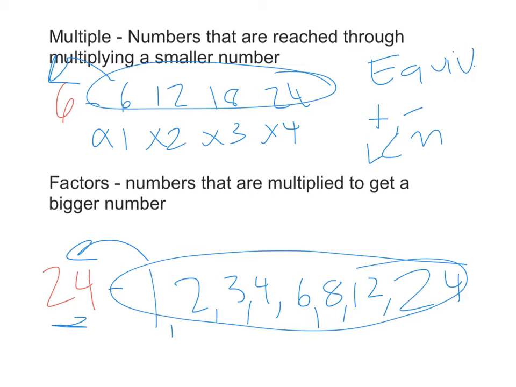Factors are used for when you're trying to find the GCF or when you're trying to simplify things. So those are multiples and factors. I like to think that multiples are always going to be greater than the number that is given, and the factors are always going to be smaller than the number that is given. So those are 2 very linked words, but it's important to remember the difference.